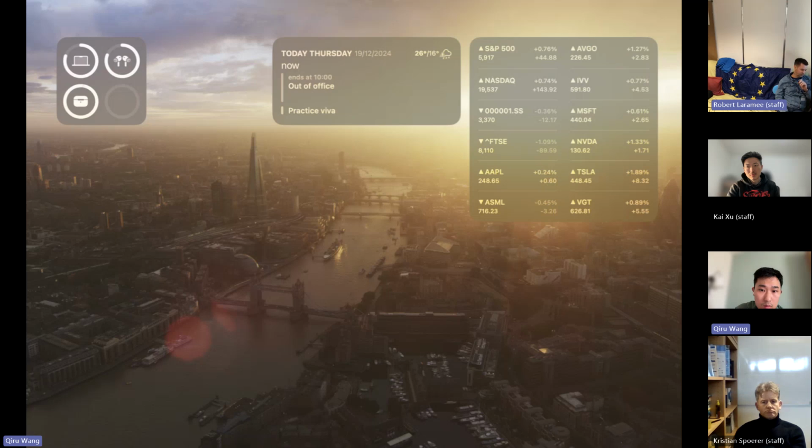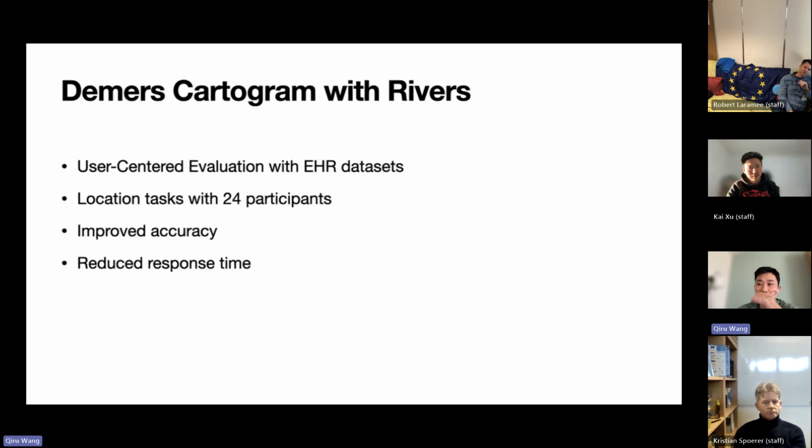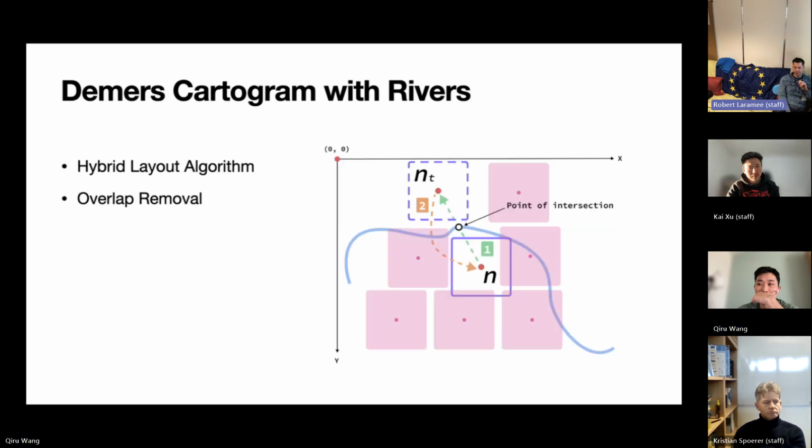And then the topological accuracy is we make sure that regions north of a river remain north of a river and don't cross the boundaries of a river. That's what we mean by topological accuracy.